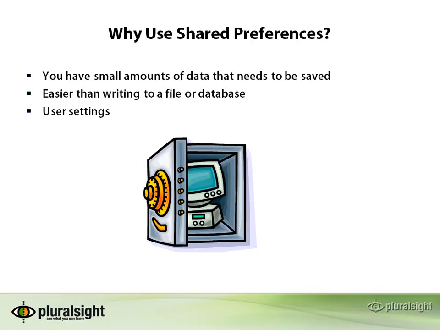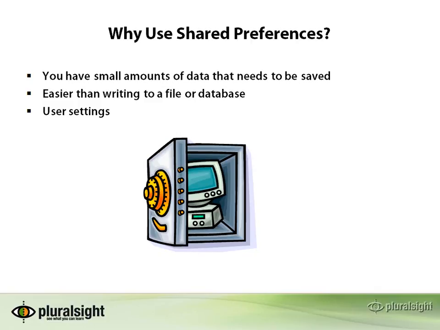Shared preferences are essentially a dictionary. What I mean by that is that we store the data in a key and pull back a value. So if you've used maps or dictionaries in C# or Java, you'd be very familiar with the type of data storage that we're talking about here, which is what shared preferences are. So they're really going to lend themselves best to small amounts of data that we're going to save.